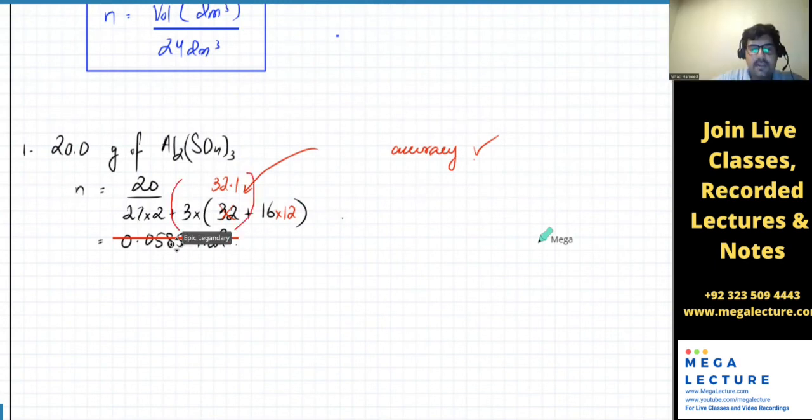Sorry, no, just a second. I think I multiplied 16 by 4, right? I mean, what was over here? Yeah, I did it right, actually. I did 16 into 4. Okay, just a second.